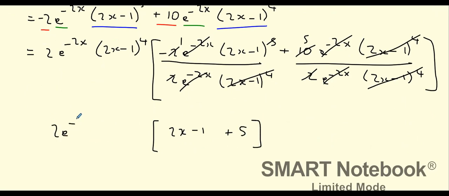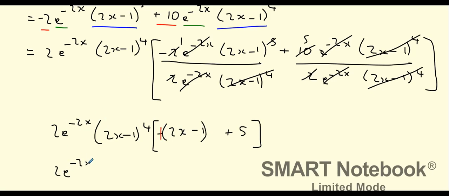I've got 2e to the minus 2x, (2x minus 1) to the 4. And so, sorry, this should be minus by that because there's a minus left over. And a good idea, like I might have said before, is to put a 1 there after the minus, so that when you're expanding it out, you've got the right thing.